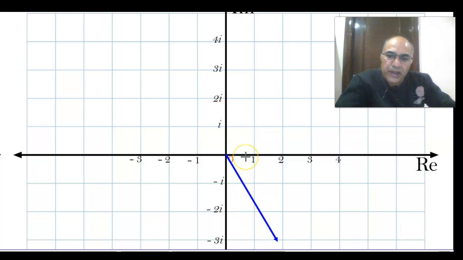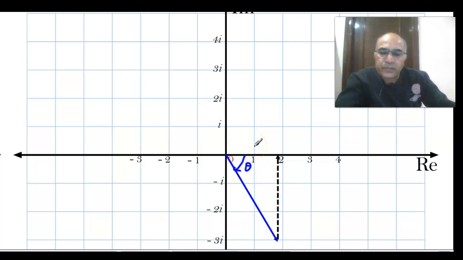Now to find this angle theta, we drop a perpendicular from this complex number on the real axis. Now what about this measure and this measure?